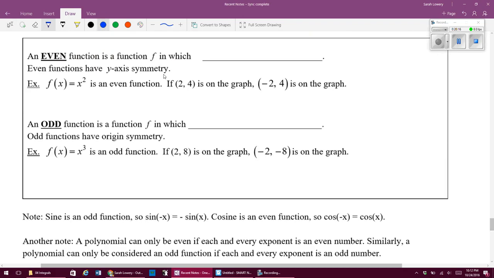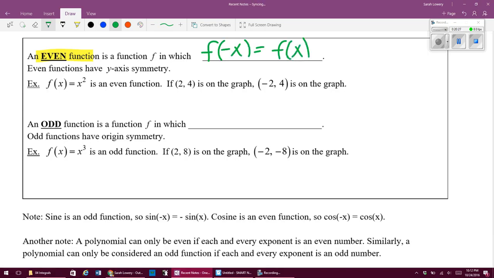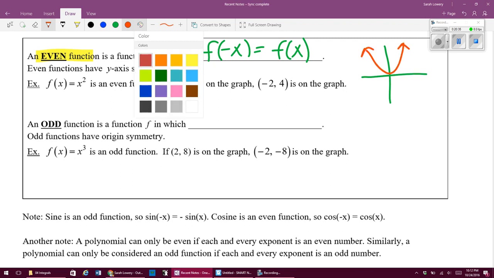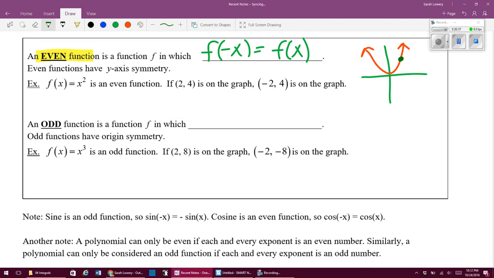An even function is where your function, when I plug in negative x, is completely equal to your original function. And a real quick, basic example is x squared. So if I think about x squared, here's a point.